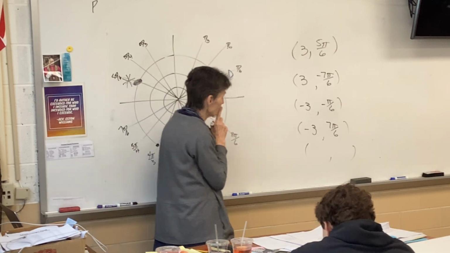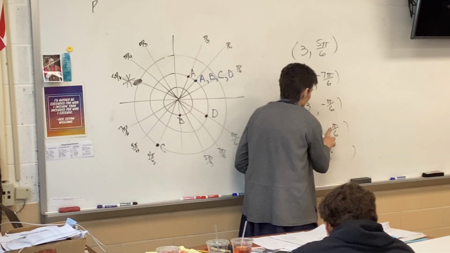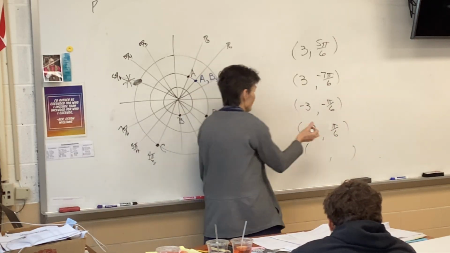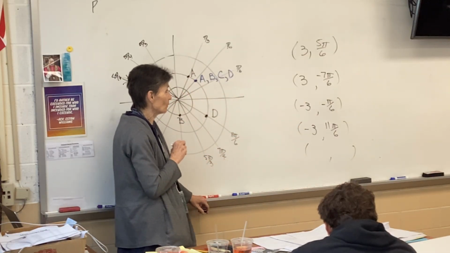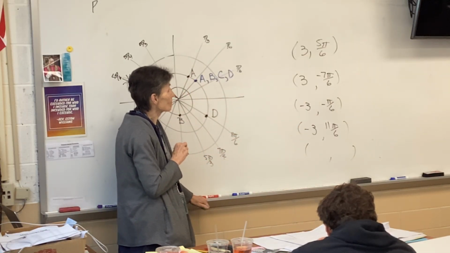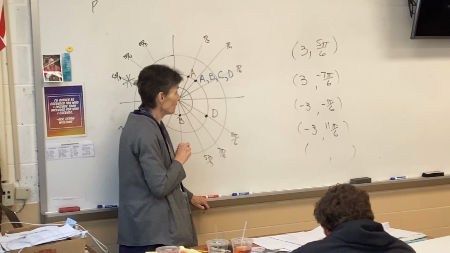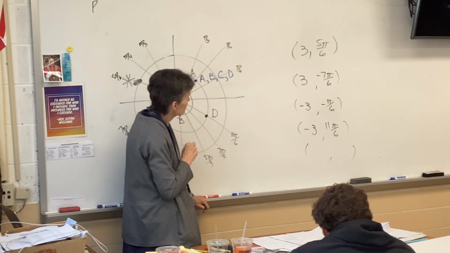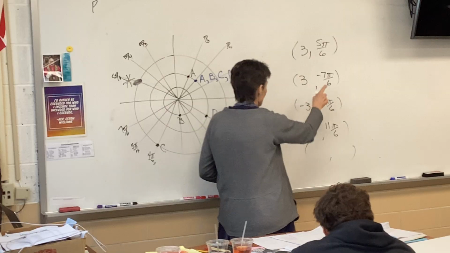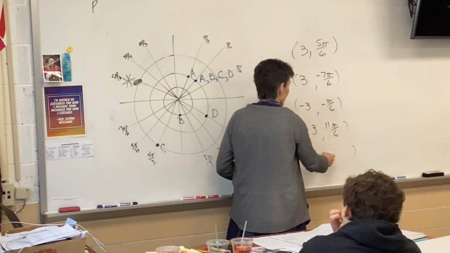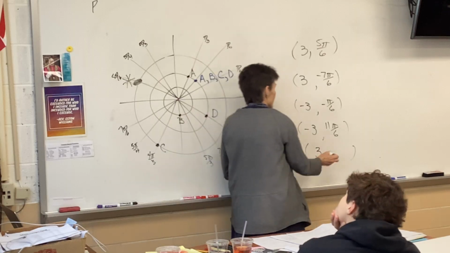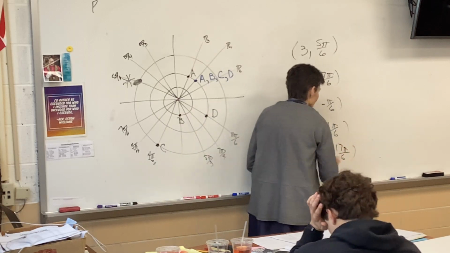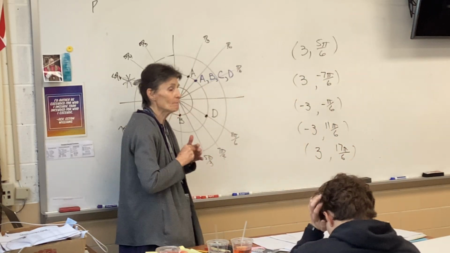I don't think it's 7 pi over 6. 11. Does that make more sense? 11 pi over 6? All right, can we get one more? We have a positive, negative. Let's give it a positive, positive. So positive 3 comma 17 pi over 6. 17 pi over 6. Everybody okay with that?